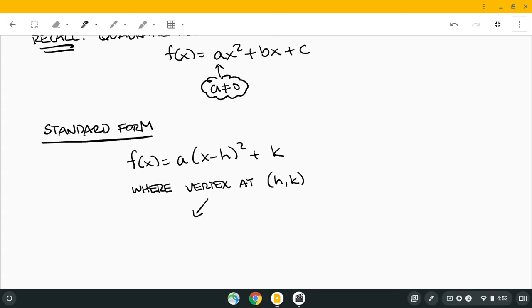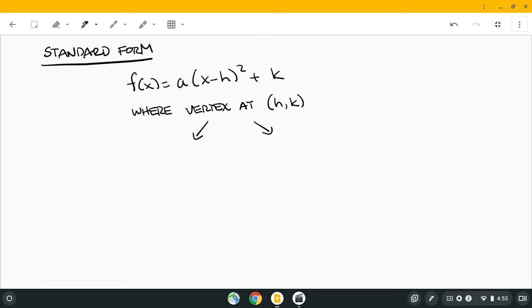Also note that if a is greater than 0, then you'll have the parabola open upward. If a is less than 0, your parabola would open downward.